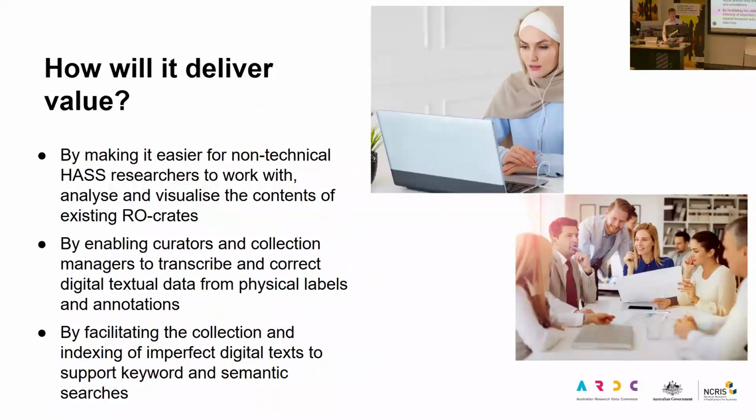This will significantly enhance the findability, interoperability, and contextual richness of their data. And finally, we're enabling the collection and indexing of imperfect digital texts, such as 19th century Hansards, to support keyword and semantic search. And that will come up shortly in the RAPID project. Through RO crates and integration across curated collections and enhanced analytics, we're beginning to shape a clear, unified direction under the Community Data Lab product.